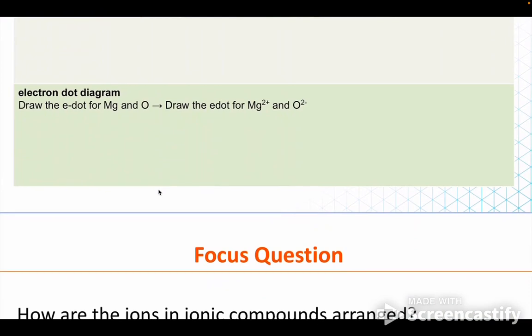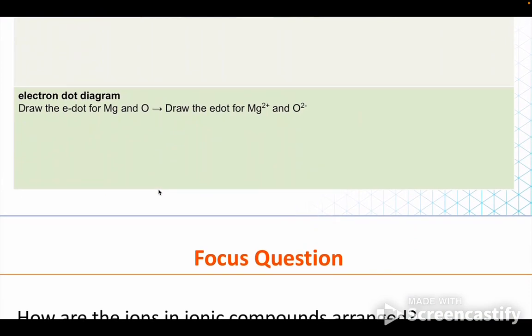You can also show ionic bonding with electron dot structures. So if I do that, I draw my magnesium, I draw my oxygen, and then again, it's similar to the last one. I'm going to transfer those 2 electrons, and then what does this then become?